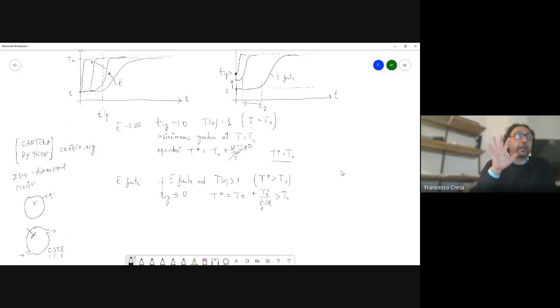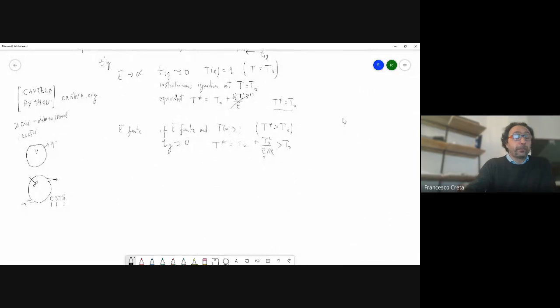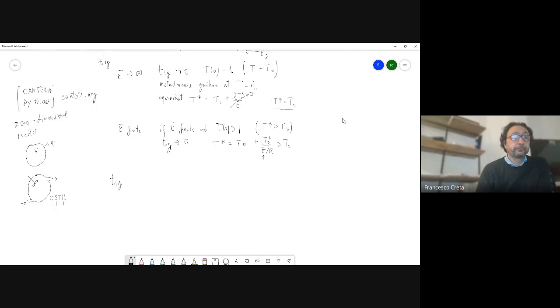So let's see, what can we use here? Well, I'll give you a very, very fast variation of asymptotic theory. Suppose that I'm interested in the ignition time. I want to study this, and I want to, for example, come up with an expression for this. Okay, do I have some expression, T ignition equals something?